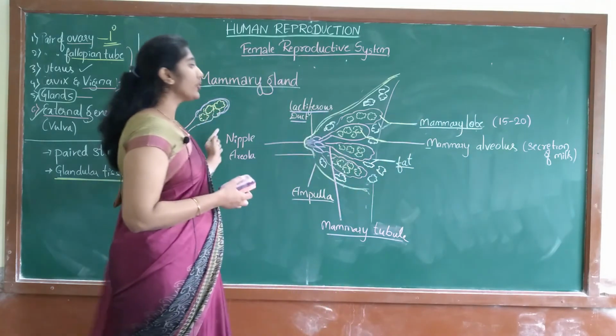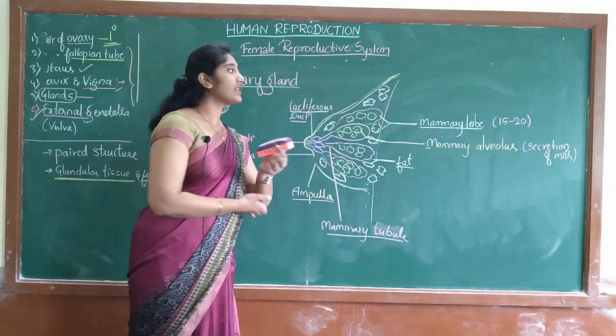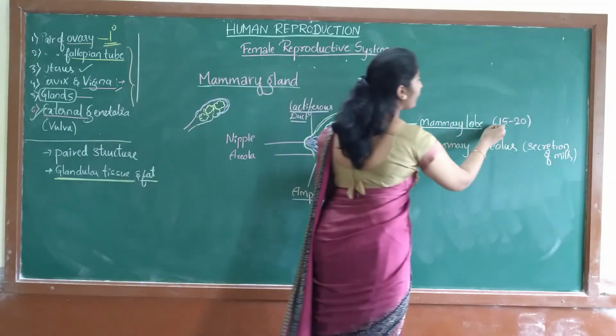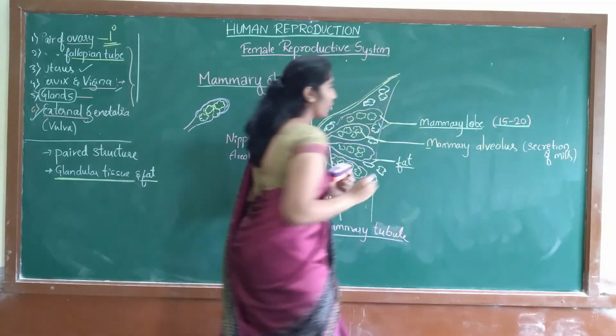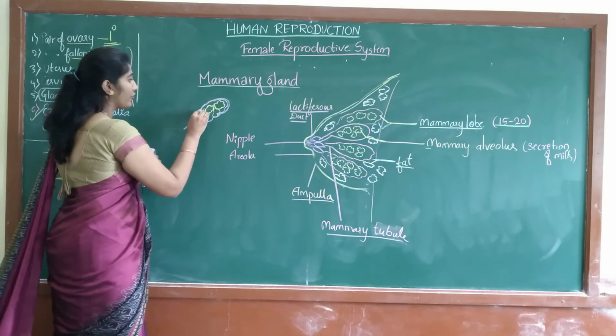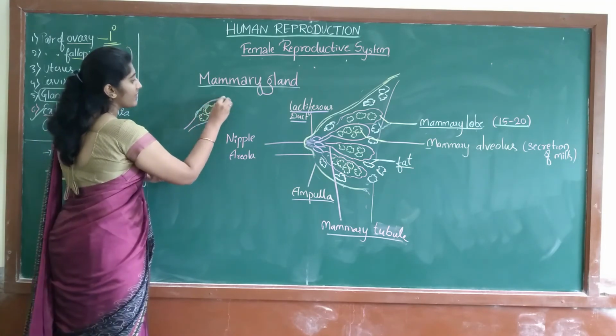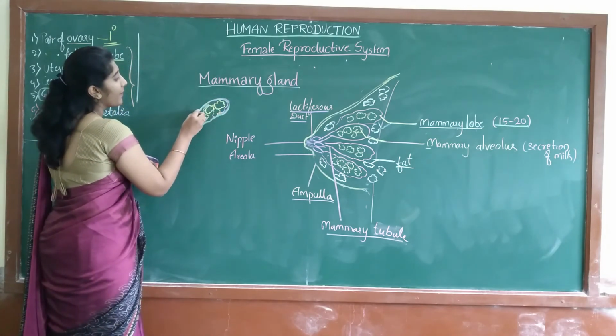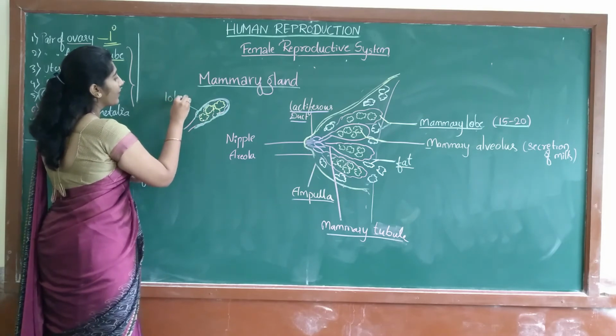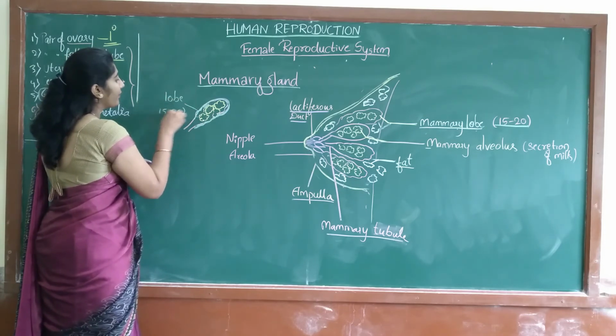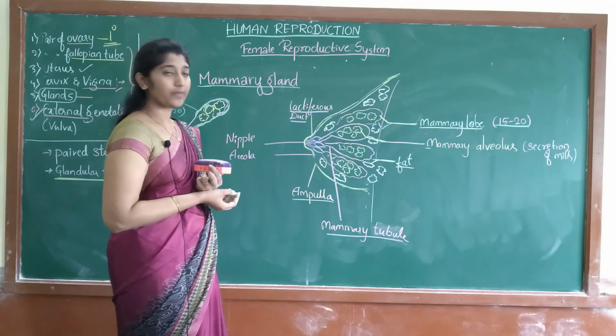The glandular tissue present in each is divided into 15 to 20 mammary lobes. I have drawn here, this sac-like structure is the mammary lobe. 15 to 20 mammary lobes in each.